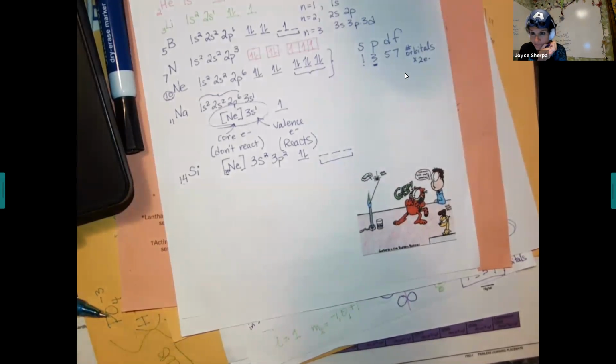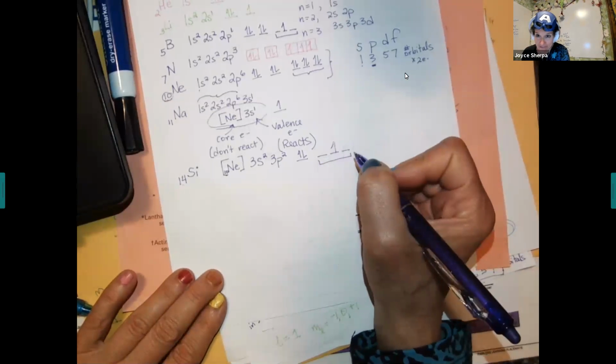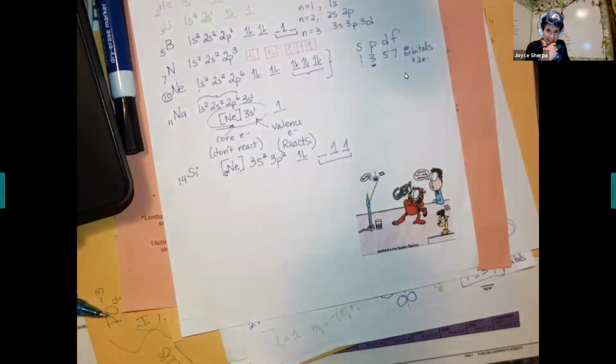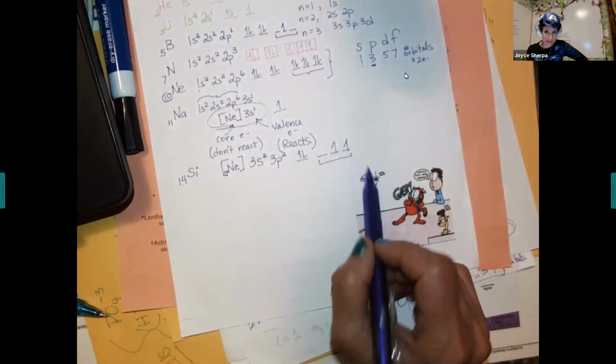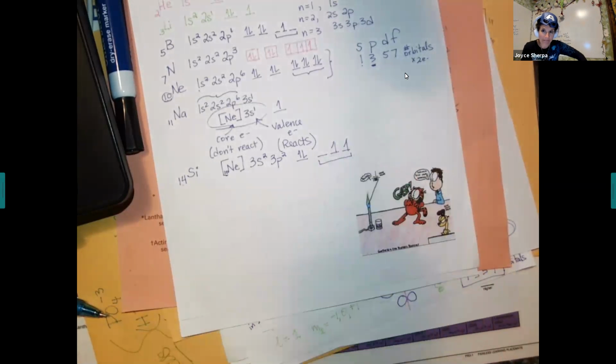So they will go in different orbitals. They can go into any 2 orbitals. When they go into that orbital, as soon as one spins one way, the other one has to spin the same way. So when you're filling in the p orbitals, the first 3 electrons all spin the same direction before they start pairing up.